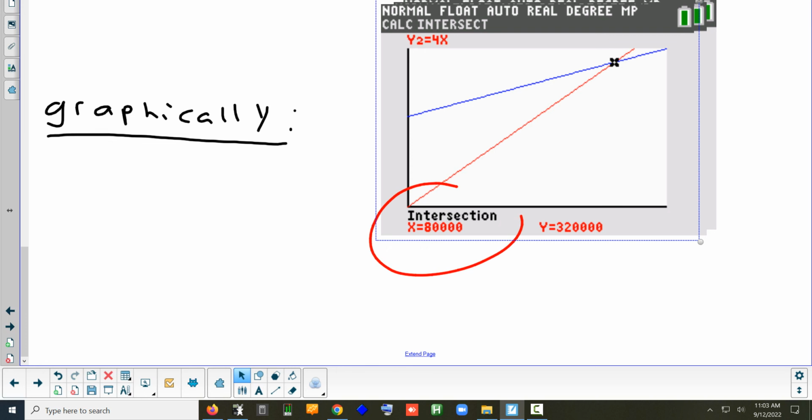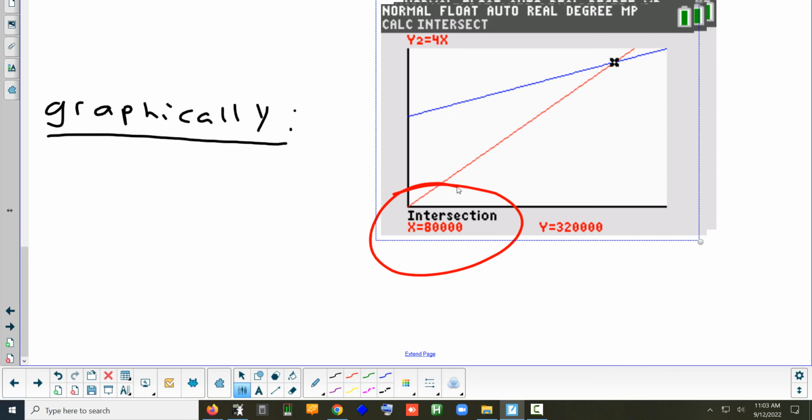So 80,000 shirts. If you sell 80,000 shirts, looking at that graph, how much will it cost you to make 80,000 shirts? John? 320,000. If you make 80,000 shirts, it will cost you $320,000.